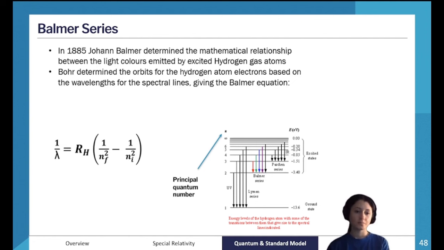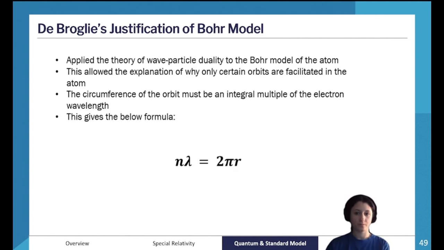All right? So we can use this formula to determine the wavelength here. Bohr determined the orbits for the hydrogen atom's electrons based on the wavelength for the spectral lines, giving the Balmer equation. Right? So this diagram is something you can definitely expect to see on your external exam. It does tend to come up quite a bit, so make sure that you're familiar with it.